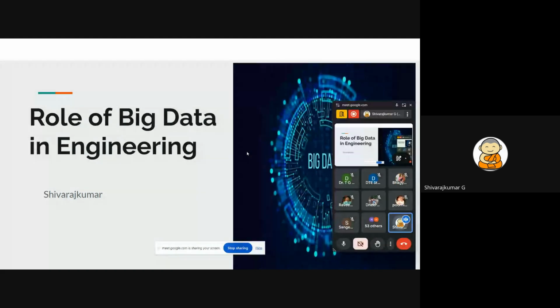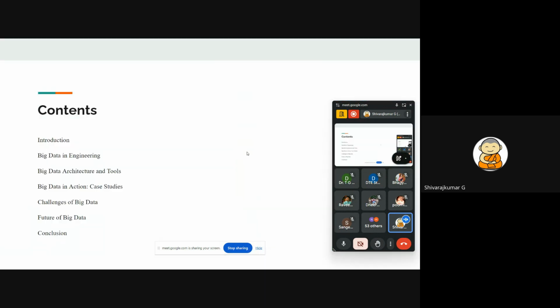But nowadays, as our lifestyle changes and technology grows, we are applying data in every aspect of our life. From the common man to working professionals, everywhere data plays a major role. So here we will discuss what big data is, and these are the contents I want to cover.